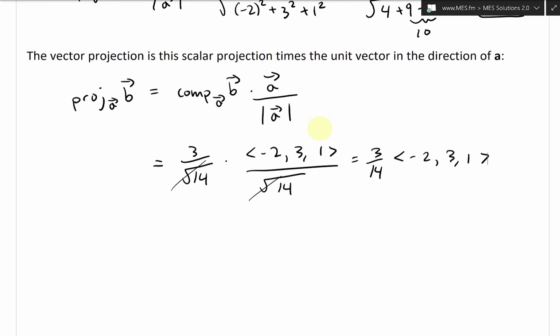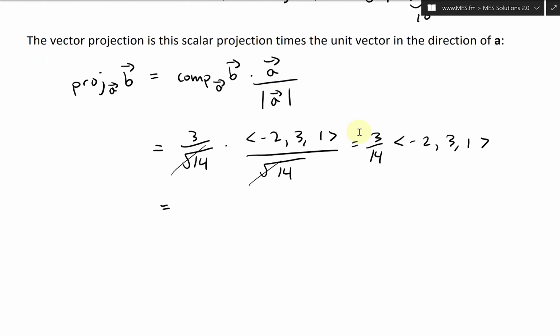All right, and now what we'll do is multiply this inside. 3 times negative 2 is going to be negative 6 over 14. And then we're going to have a 9 over 14, and then a 3 over 14, because 3 times 1 is 3. And the first one we can simplify by dividing by 2: negative 6 divided by 2 is negative 3, and 14 divided by 2 is 7.